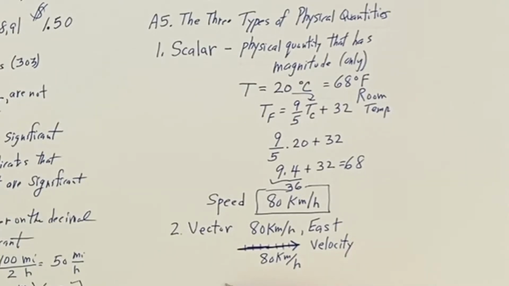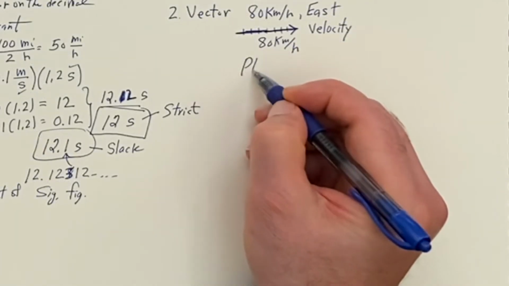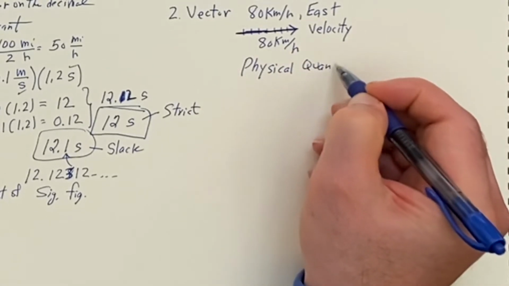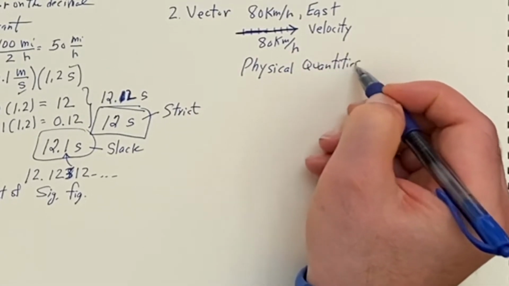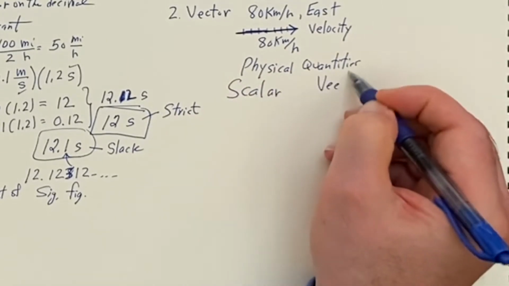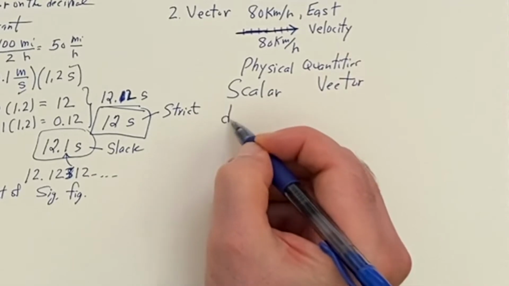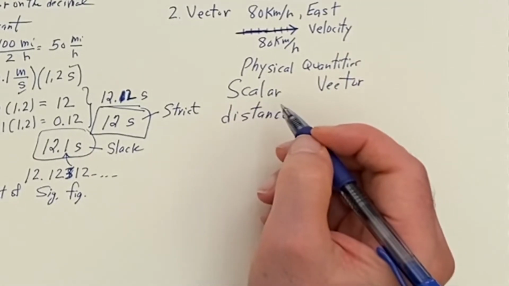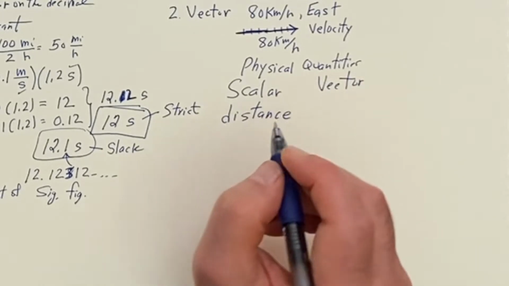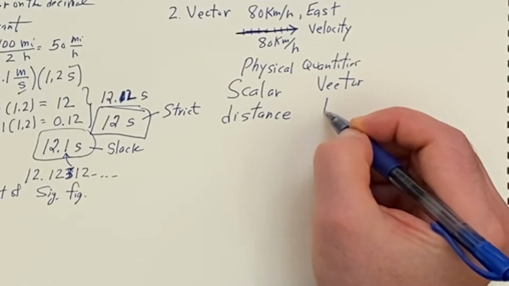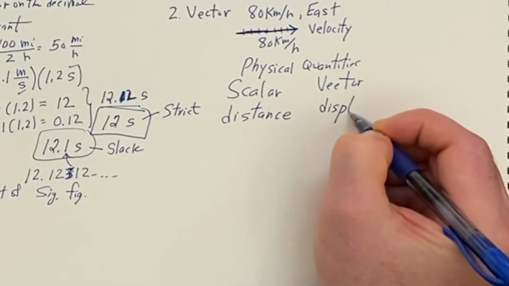So here, if I make myself a little table of physical quantities to look at these two, I'm going to have here scalar, and I'm going to have here vector. Distance is a scalar, for example, 5 meters. But if I say walk 5 meters east, then we have a vector, and we call that displacement.